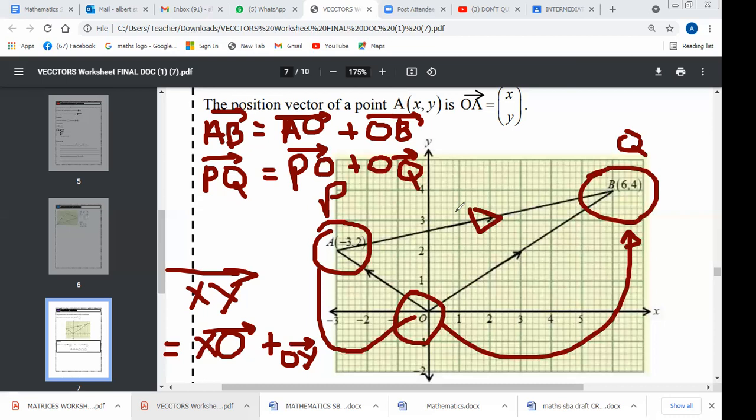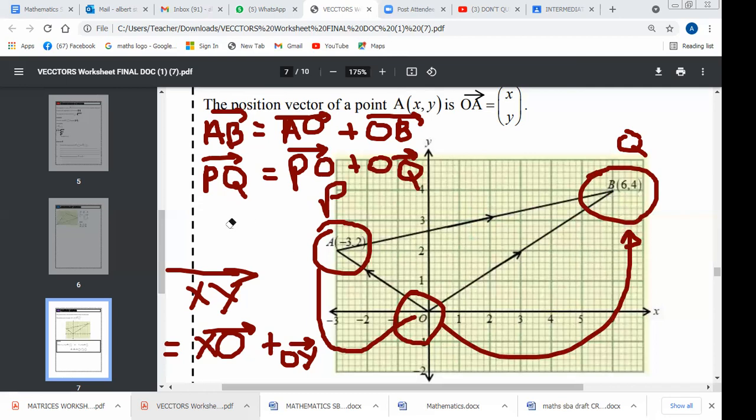That's why we go from A to O to B. If we had known what the value is, then we could just work it out. In this case, you see the graph, we could actually work out the value, because all we need to do is just to draw a right angle triangle.